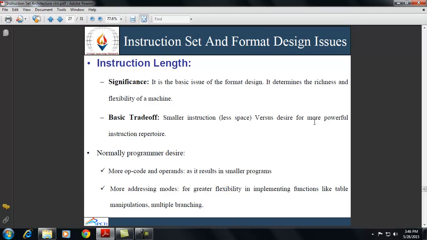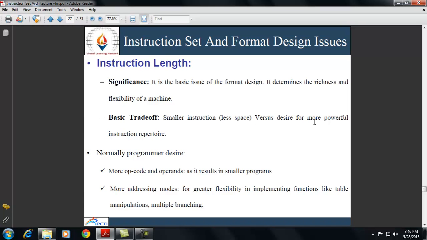Now, what are the factors that are to be considered for deciding the instruction length? First is memory size. If a larger memory size is to be addressed, then more bits may be required in the address field. Then memory organization.